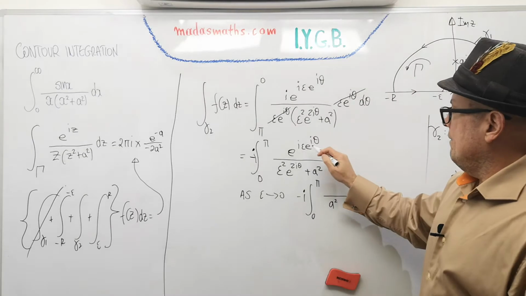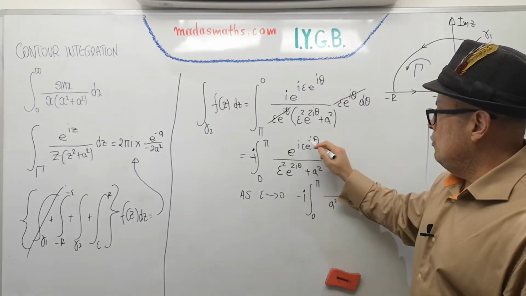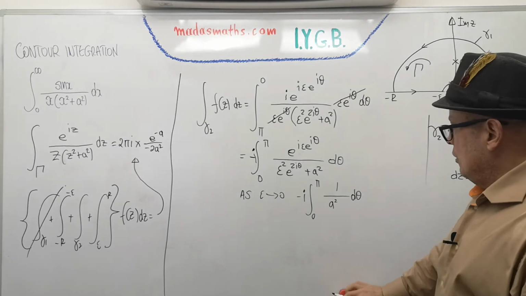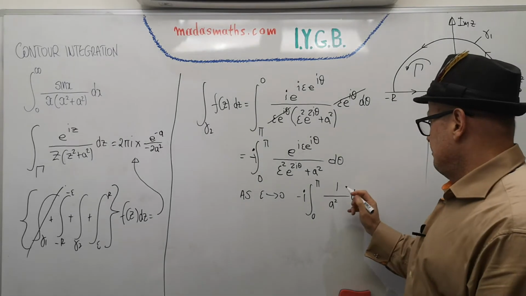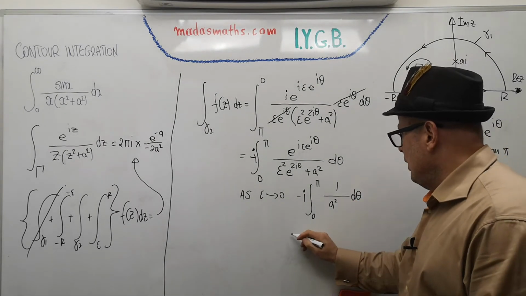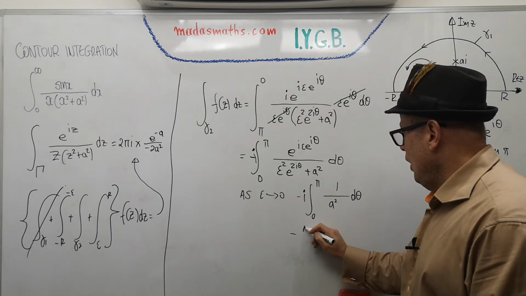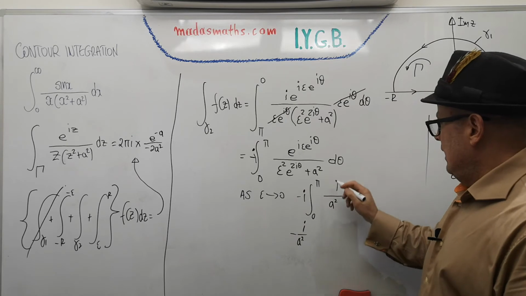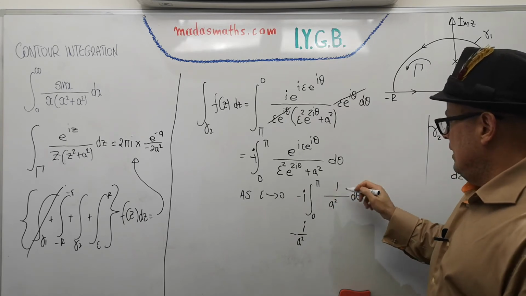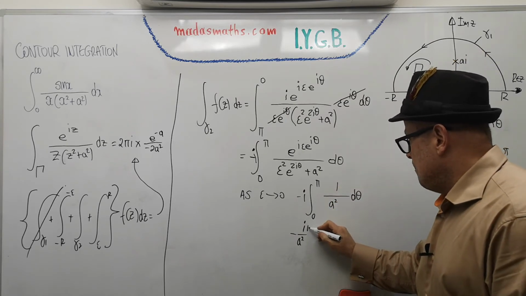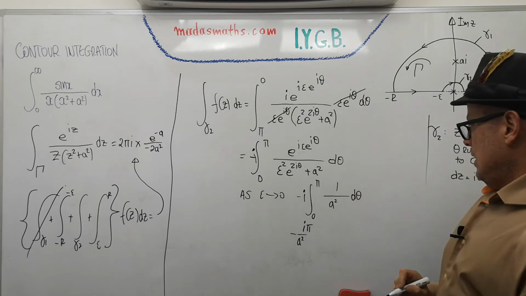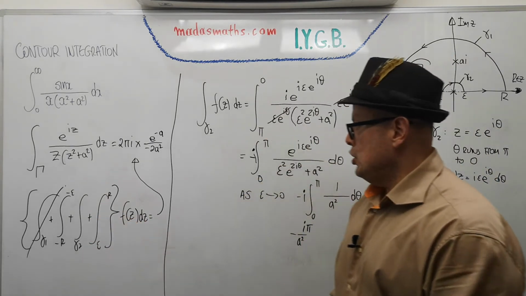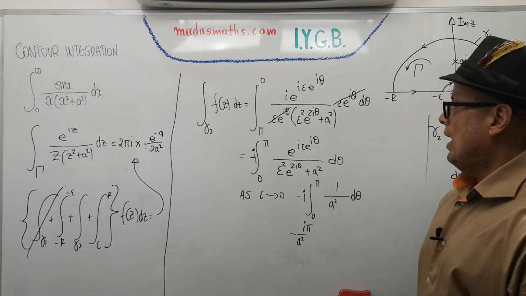And on the top, as epsilon goes to 0, we're going to have e to the 0, which is 1, d theta. So this particular integral will produce, this is of course another constant, we can pull it outside, so it's minus i over a squared, and the integral of 1 d theta from 0 to pi is another pi. So this is now the integration around gamma 2 for our f of z.